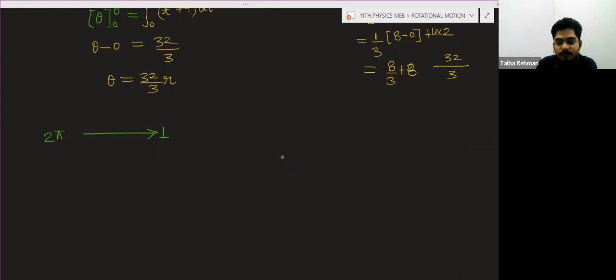Okay. In 2 pi radian, there is 1 revolution. Now can you tell me what will be the number of revolutions in 1 radian? So in 1 radian, the number of revolutions made by the rod will be 1 upon 2 pi. Sorry, in 1 radian, it will be 1 upon 2 pi. You can write here radian.